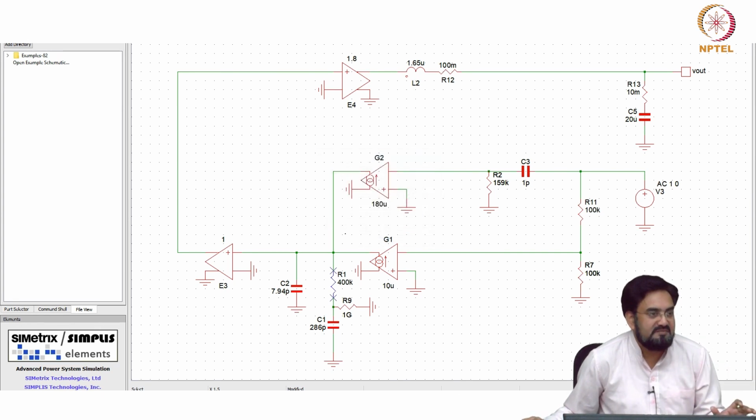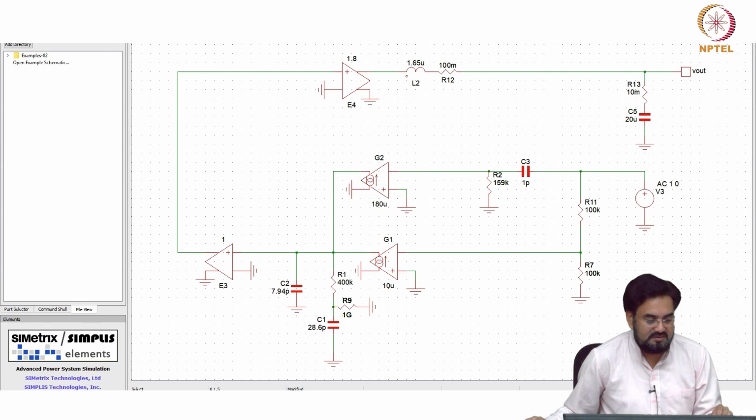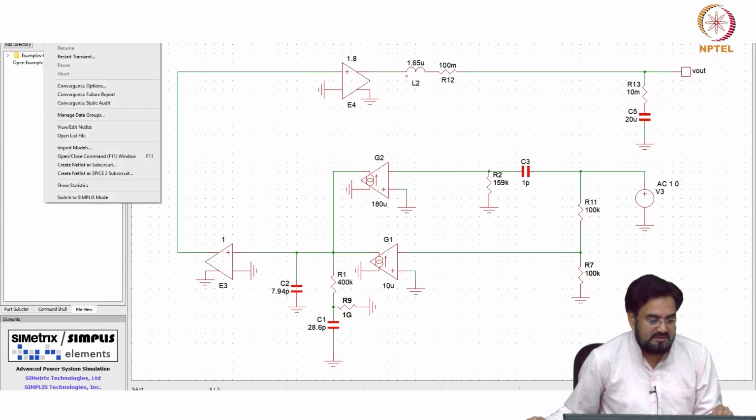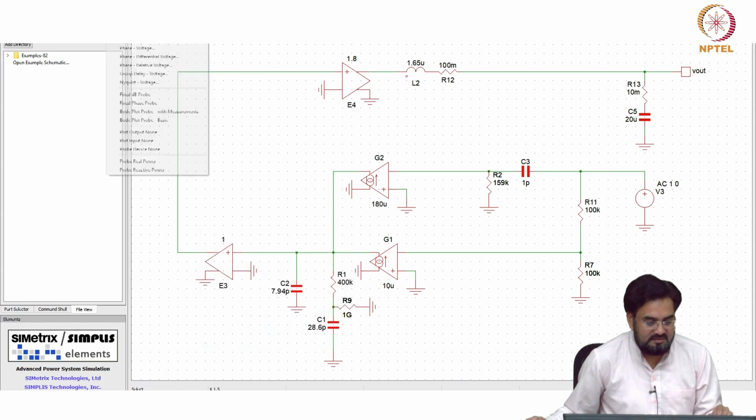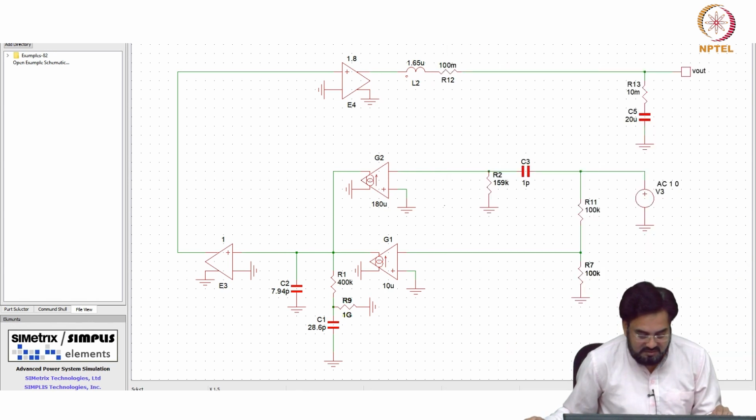The GMR product should be the same, and this will be reduced to 28.6. So it should not change my loop gain response. You will still get it at, where is that 0 dB? What happened? 180 micro, 10 micro.